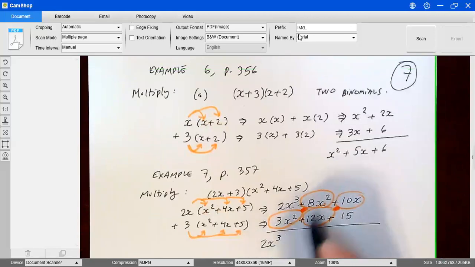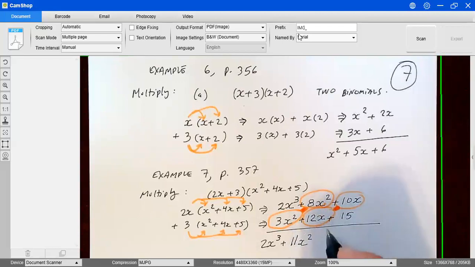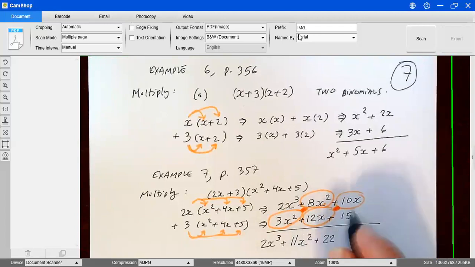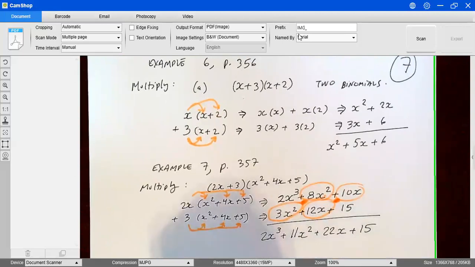Then we have this diagonal, 8 plus 3 is going to be 11x squared. Then again, we combine coefficients. 12 plus 10 is going to be 22x. And finally, 15. So that's example 7.